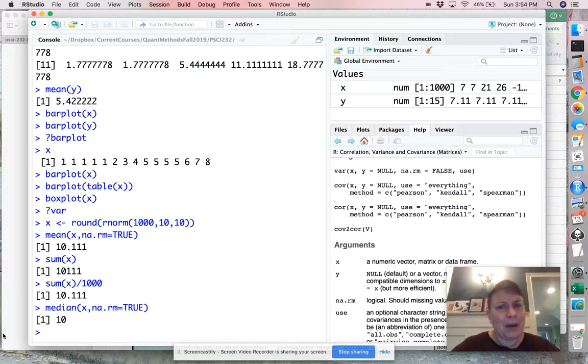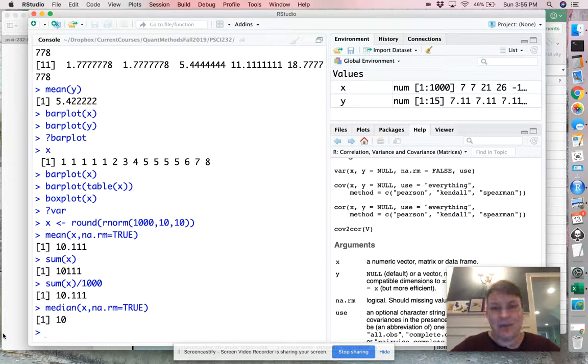A funny thing about R is that because it was created primarily for people who use mostly numerical data as opposed to categorical data or character data, it doesn't have a native mode function.